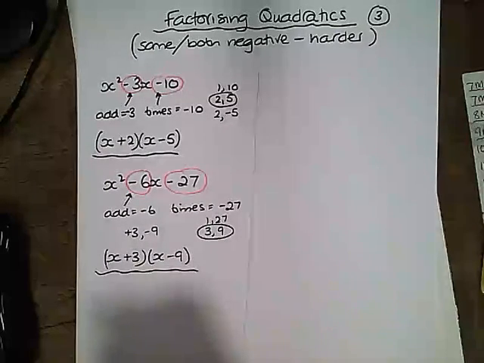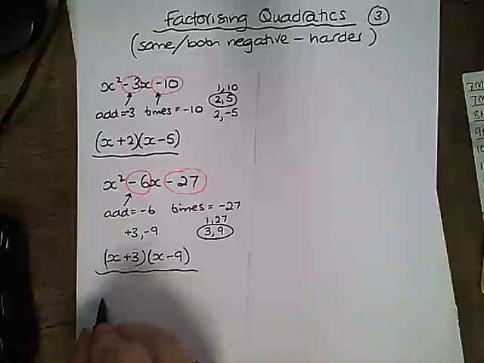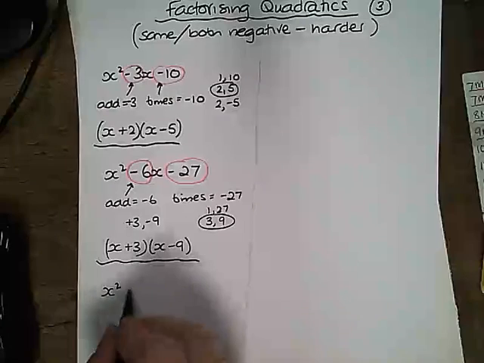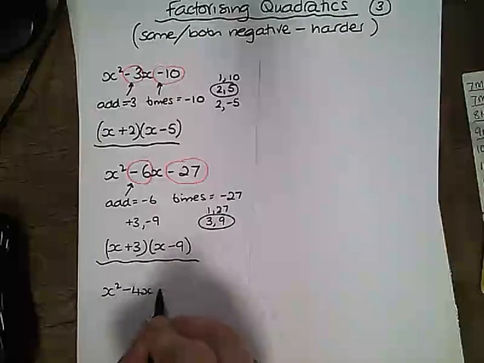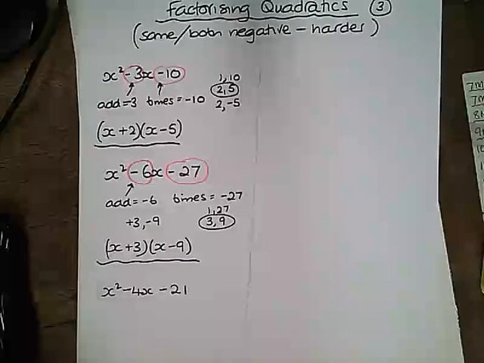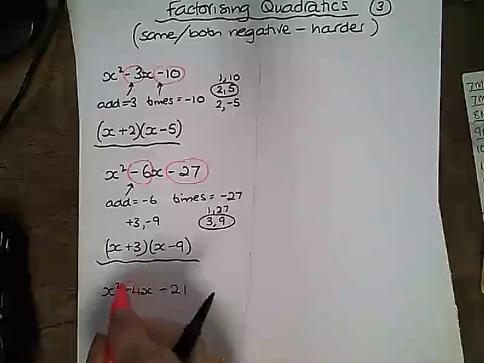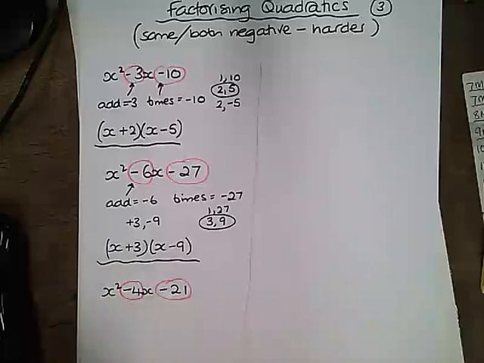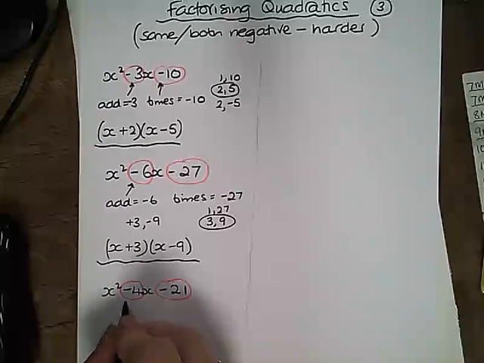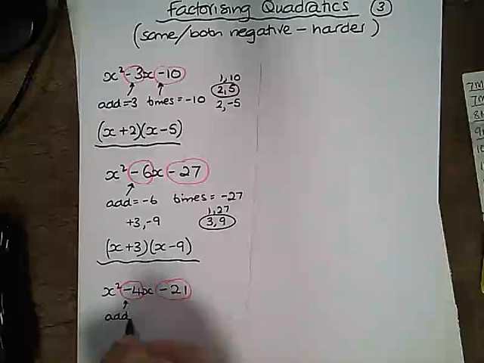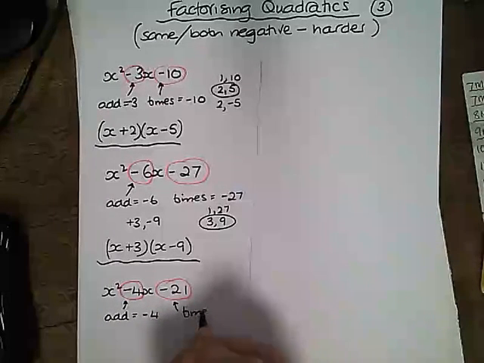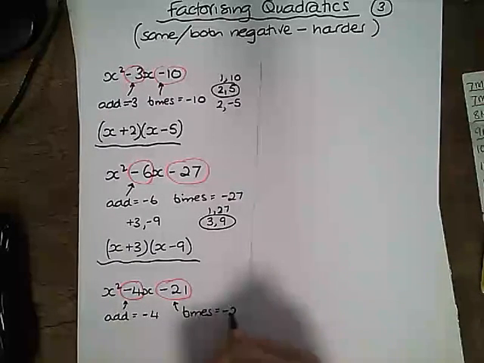And finally for this section, if I had x squared minus 4x minus 21, circle my signs and my numbers to keep them together. So in this case they have to add to give negative 4 and times to give negative 21.